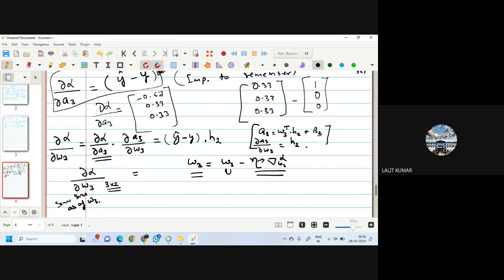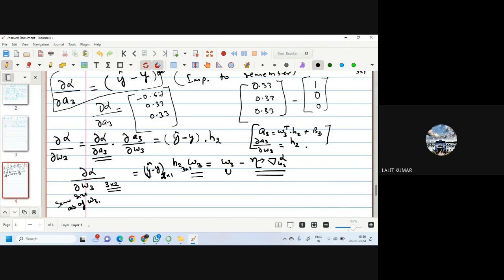So W3 size is 3 into 2. Y hat minus Y size is 3 into 1. And H2 size, in our case, is 2 into 1.